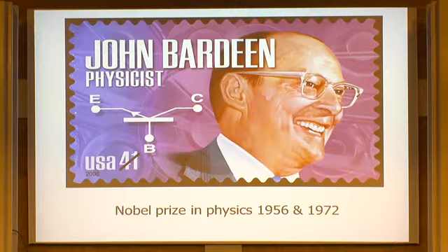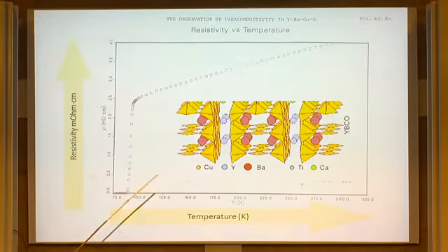Okay, his name is John Bardeen. Anybody here ever heard of him? He won twice as many Nobel Prizes in physics as Albert Einstein did. His first Nobel Prize was for inventing this thing, the transistor. And his second was superconductivity.